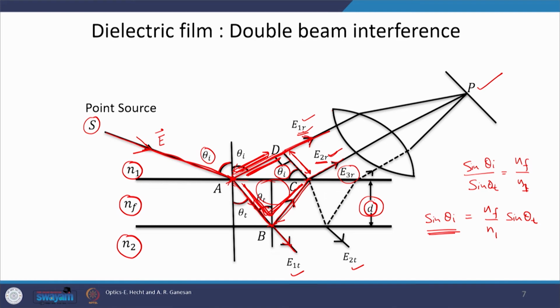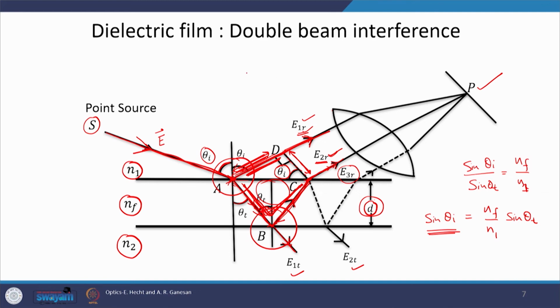This is happening at the first interface, while the transmitted rays get in and then get reflected back and then transmitted back into the first medium. Now, if the film is kept in air, then the first reflection is happening here and the second reflection is happening here.